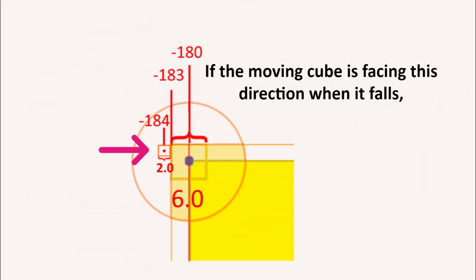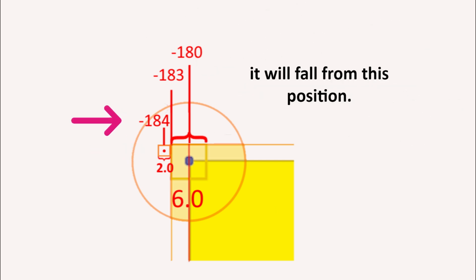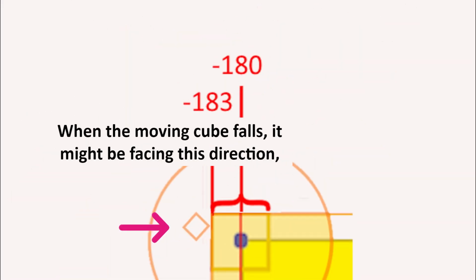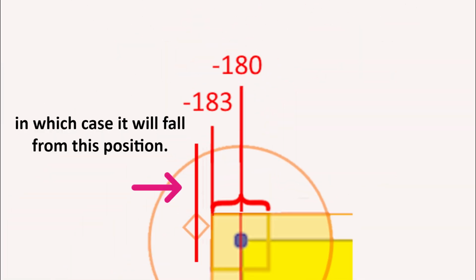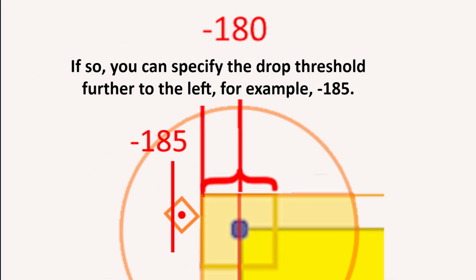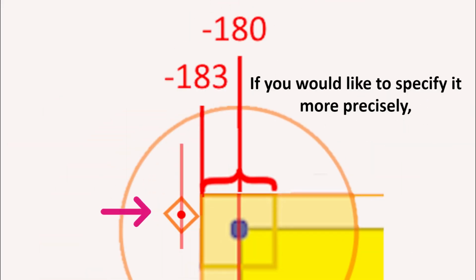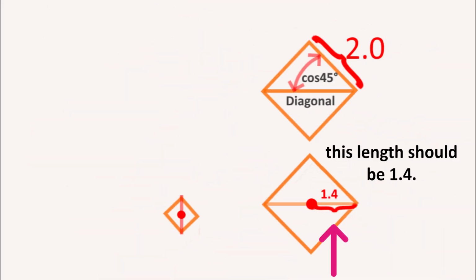If the moving cube is facing this direction when it falls, it will fall from this position. When the moving cube falls, it might be facing this direction, in which case it will fall from this position. If so, you can specify the drop threshold further to the left, for example, -185. If you would like to specify it more precisely, this length should be 1.4.